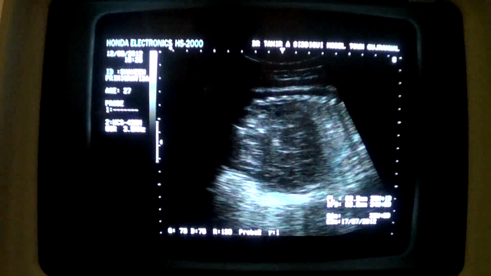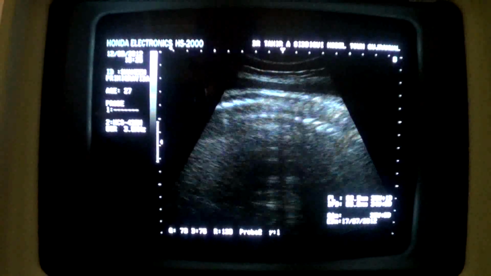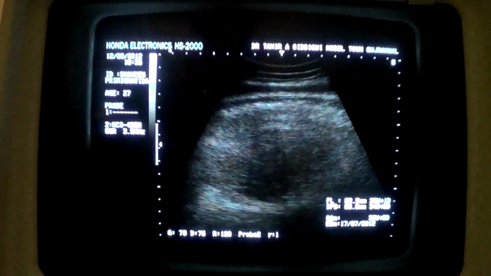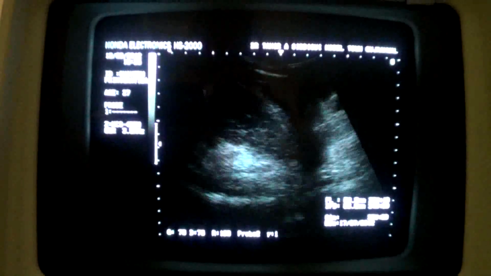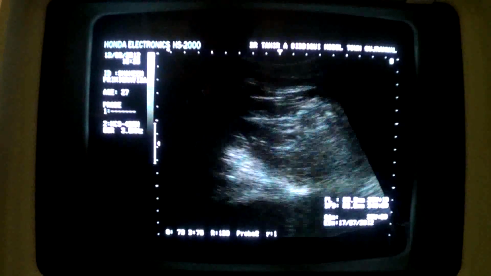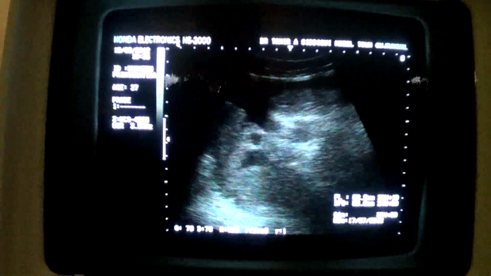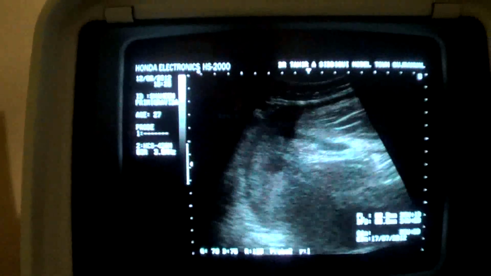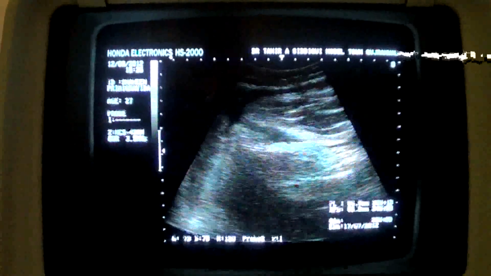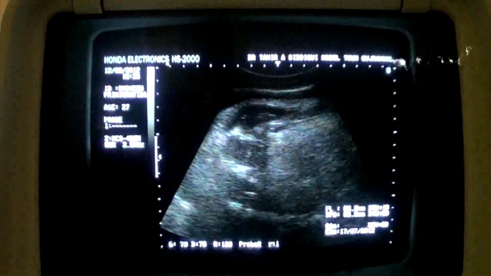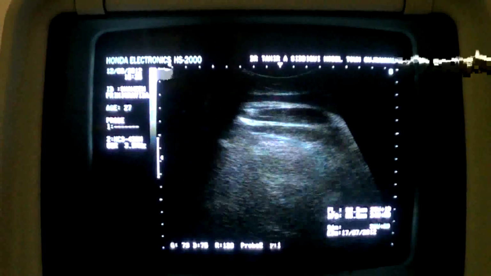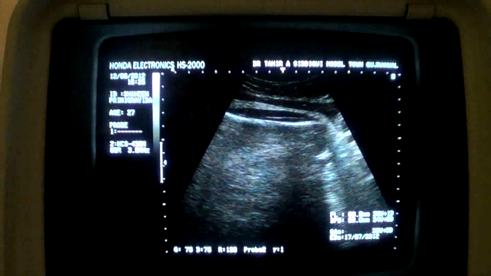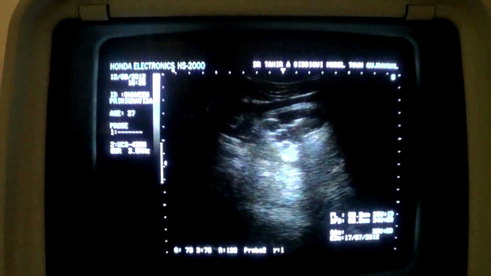No movements. There is no movement of the fetus. You don't see any limb movements.